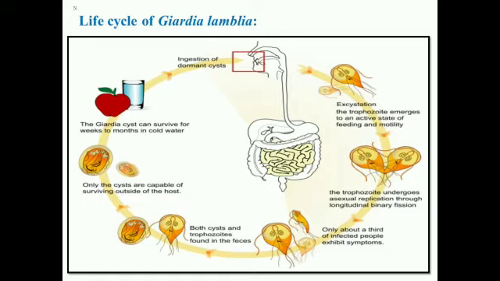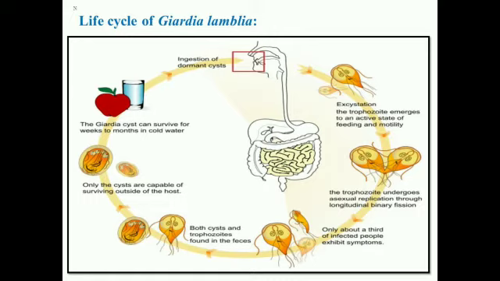The mode of transmission of this parasite is through ingestion of contaminated food and water, or through direct person to person contact, which may occur in children, male homosexuals and mentally ill persons.